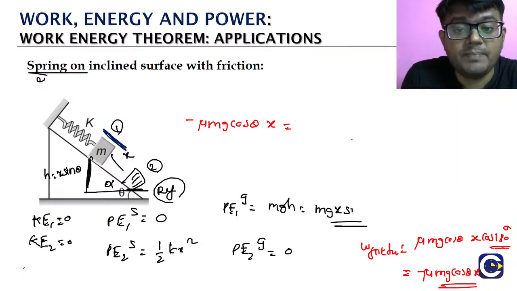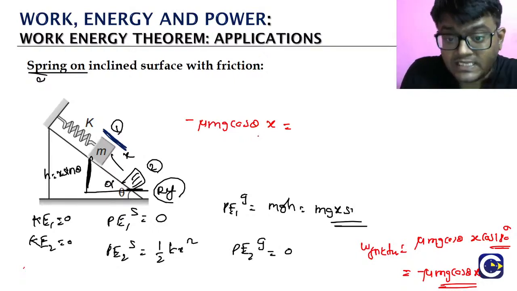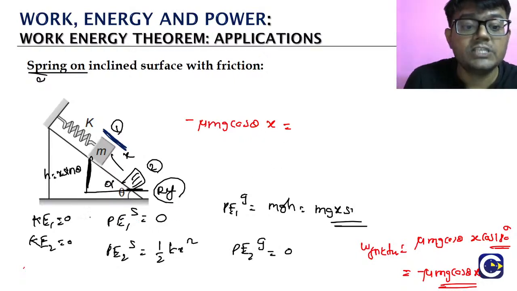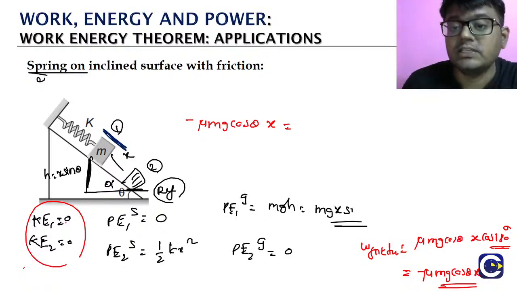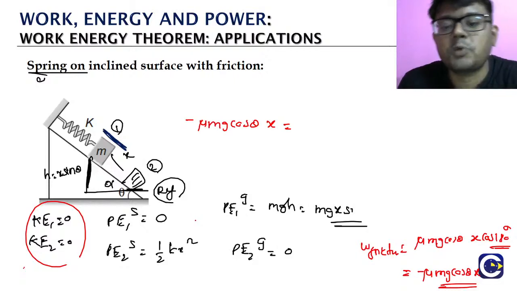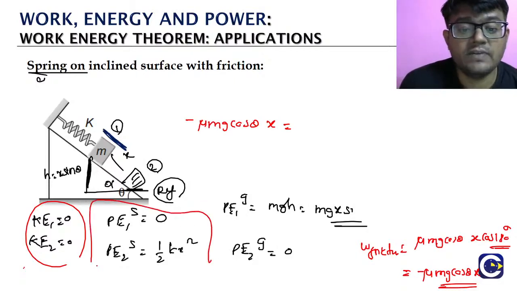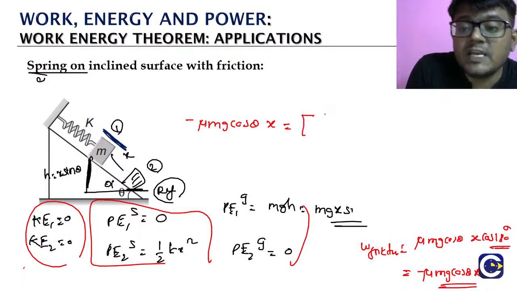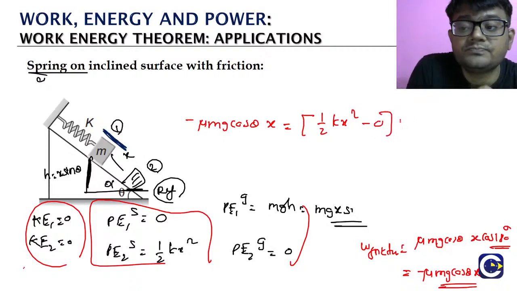Okay? So here, work done by the non-conservative forces and other external forces is equal to the change in kinetic energy, initially 0, finally 0, plus the change in potential energy. Change in potential energy means we will have two potential energy terms. Change in the spring potential energy: finally half kx squared, initially 0.